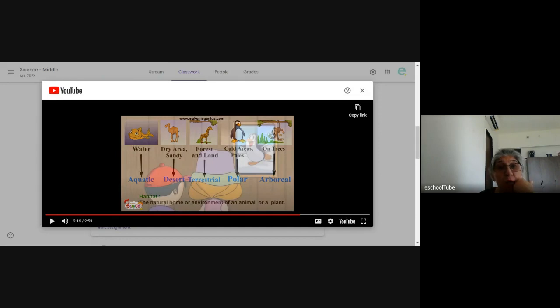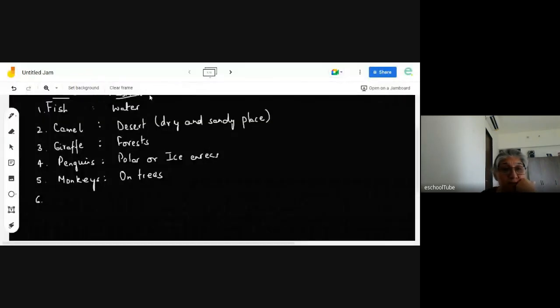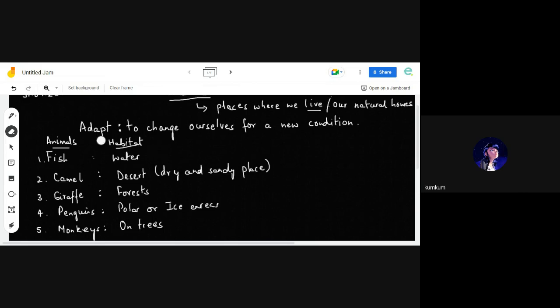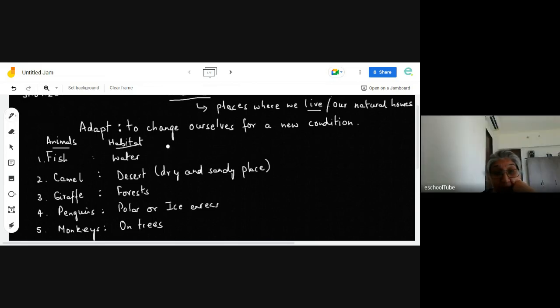Now let me see how much you remember. Now we go and write down the habitat, the associated name. What do we call the habitat for the fish? Aquarium? No. Aquatic.